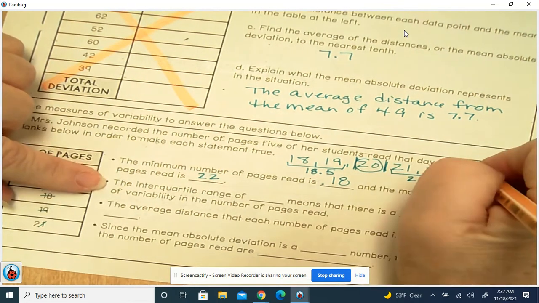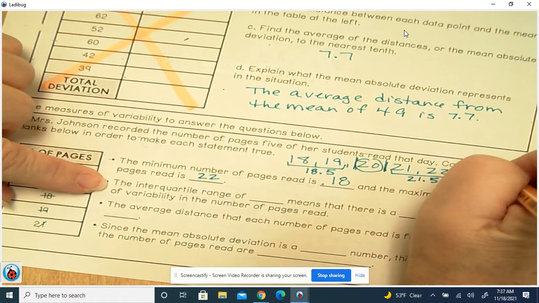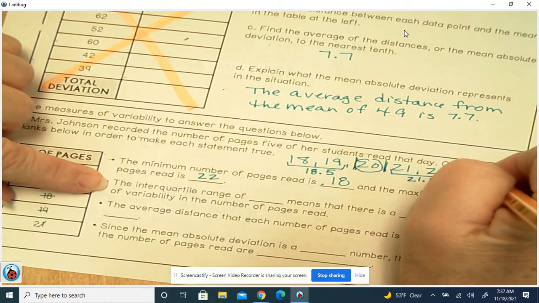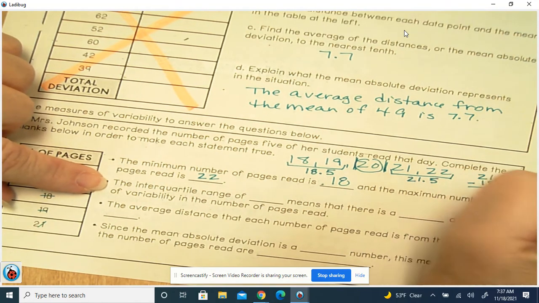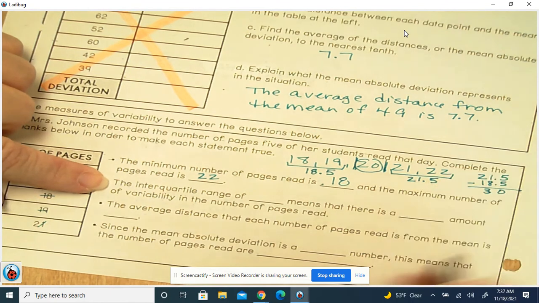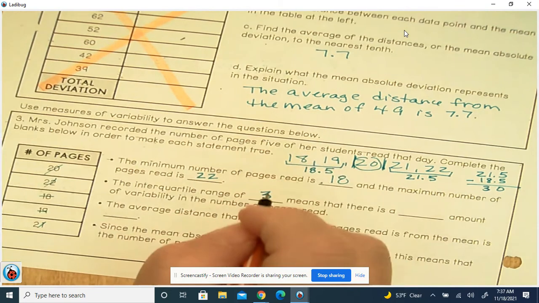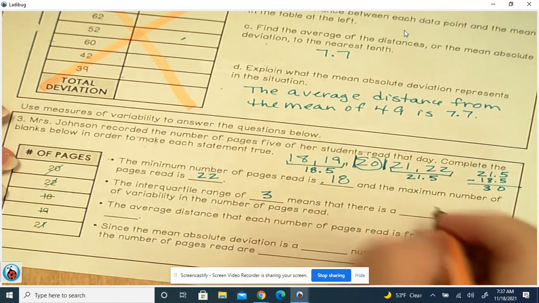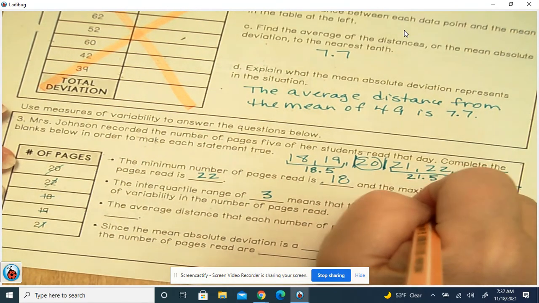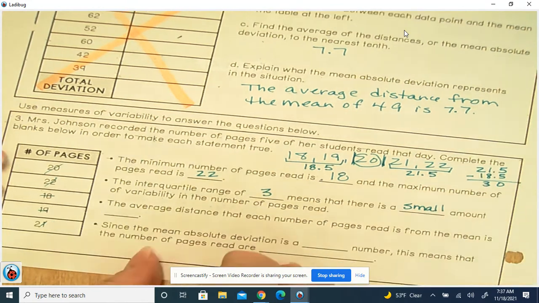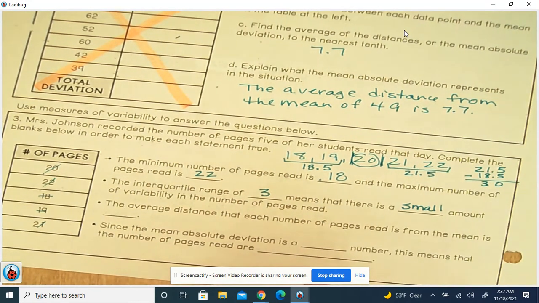If we're looking for interquartile range, it's 21.5, the upper quartile, minus the lower quartile, and that gives you 3. So the interquartile range of 3 means that there is a small amount of variability in the number of pages read.